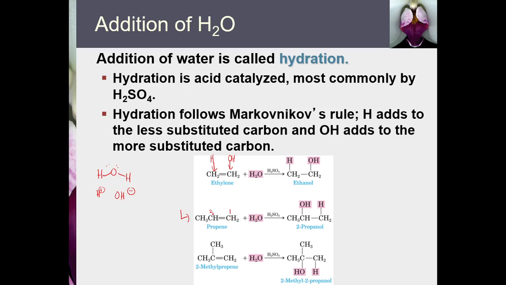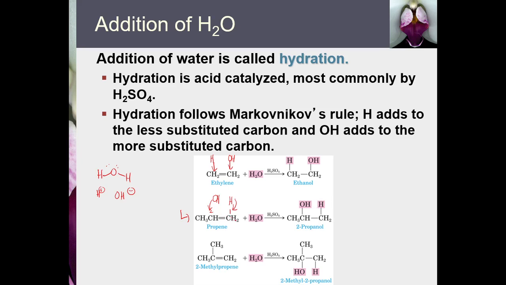So where are there more hydrogens, carbon 1 or carbon number 2? The answer is carbon number 1, which has two hydrogens. So here the hydrogen will attach, and at carbon position number 2, the OH will attach.